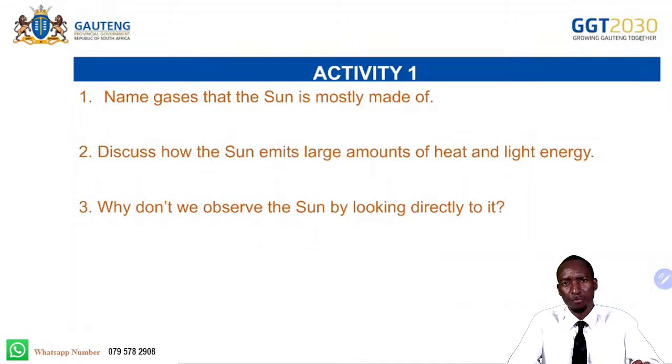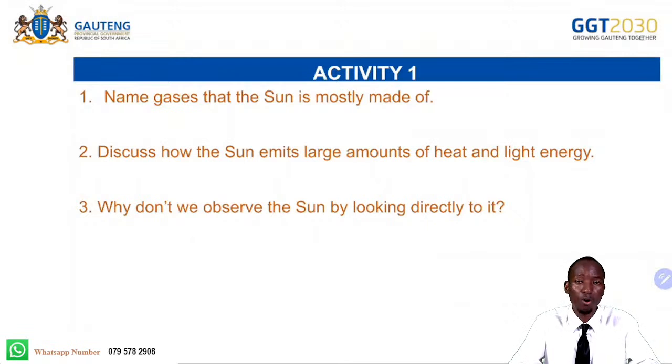Now we can come to our first activity. Remember, we just answered the baseline activity using the pre-knowledge. Now we're going to answer the activity using the information that we've just shared in this lesson. This activity is also 3 questions. Number 1, you're supposed to name gases that the sun is mostly made of.